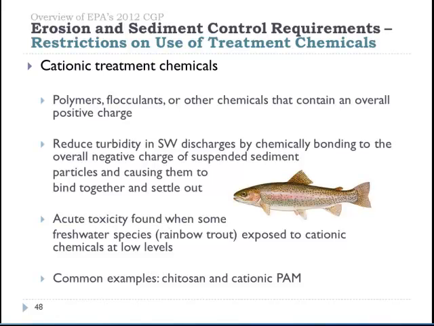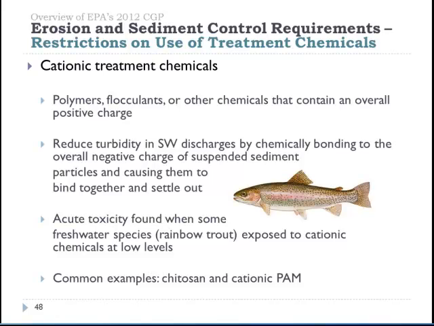But here we've found in studies that these cationic polymers, which are used, again, to reduce turbidity in stormwater, are very effective at doing that. The way they work is to chemically bond to the negative charge of the sediment particle.